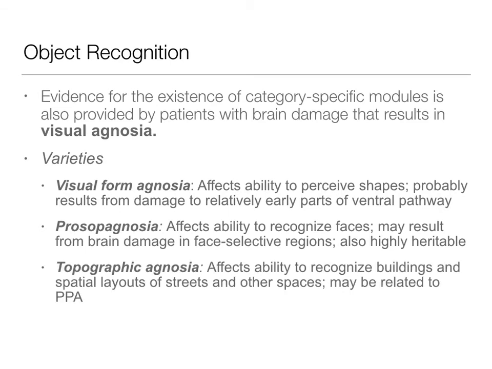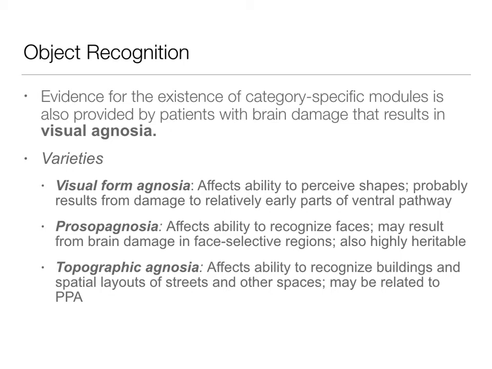And then topographic agnosia, this is going to be damage to that parahippocampal place area. And again, this is going to impair one's ability to recognize buildings and spatial layouts and other kinds of spaces, other kinds of places. And so again, this is more evidence for this idea of modularity. When one area is damaged, we see impaired functioning to that area.